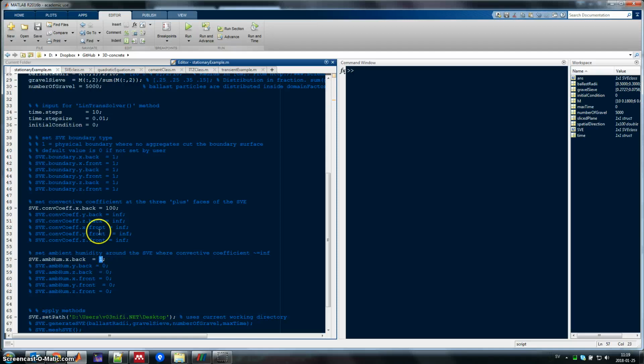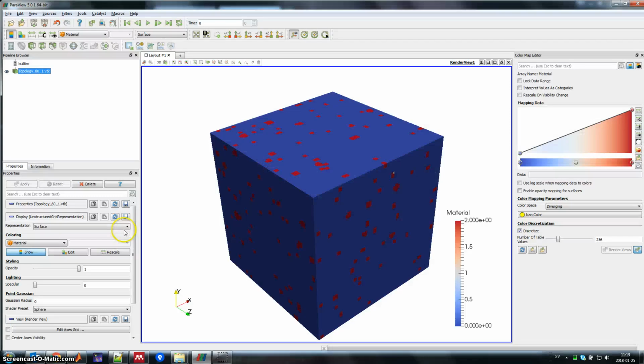So what I've done now is I've only set x back and x front for these two properties. And this corresponds to this surface here. So x back and x front works like this. So we have the x direction. x back is this surface that points in the negative x direction.